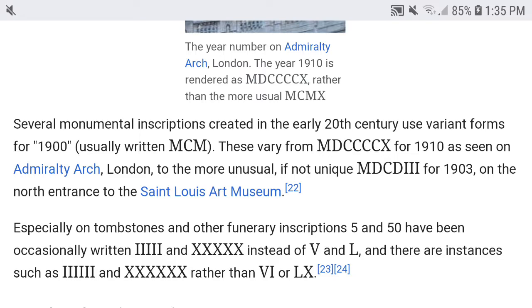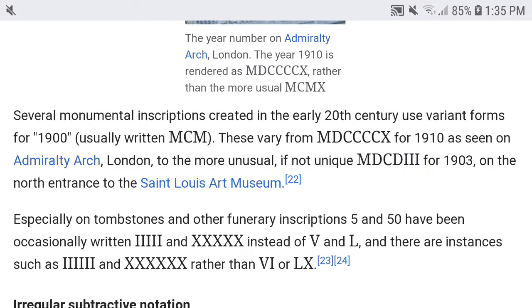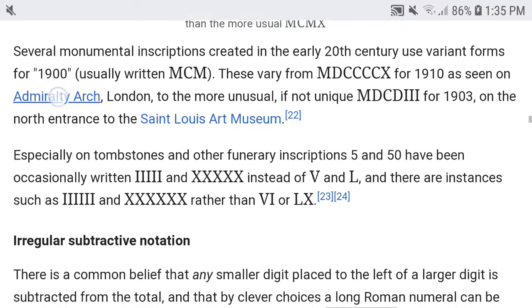This is interesting because DCD means D 500 plus C minus D, which is 100 less than 500, which is 400. So 500 plus 100 minus 500, right? Oh no, 500 minus 100 plus 500, which is 900. So yeah, it's weird, right?